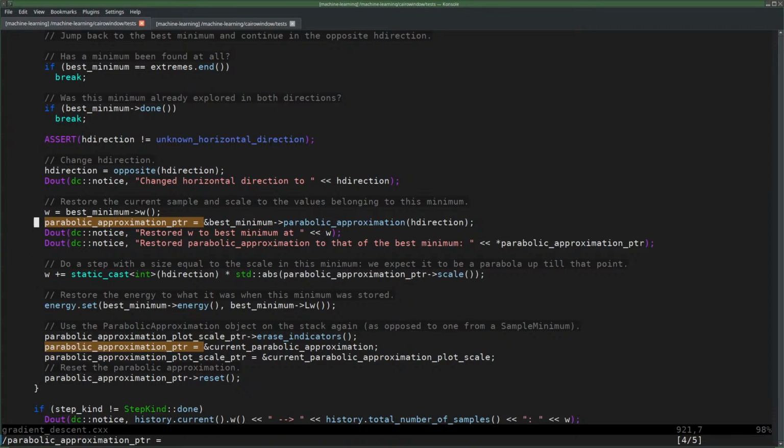Let's call this best minimum. Well, it must be a reference. Best minimum parabolic approximation.